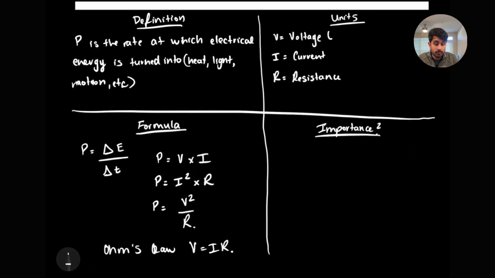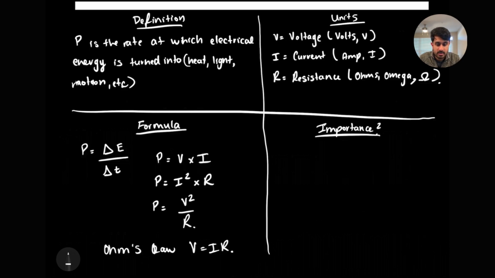Of course, we calculate voltage in terms of volts, V. Current, we calculate in terms of amps, I. And then resistance is going to be in terms of ohms. And the symbol for that is omega, or this symbol right there. So these are the three fundamental variables that we always need to know.